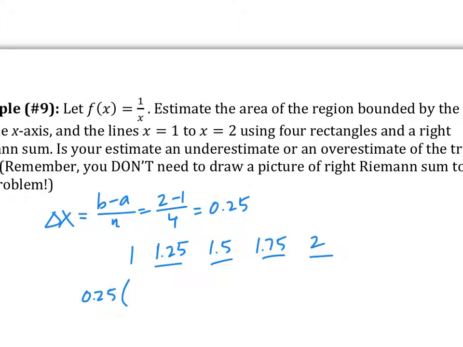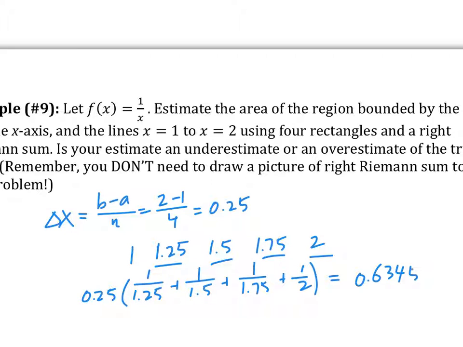Height using the right-hand side of the interval is 1 over 1.25 plus 1 over 1.5 plus 1 over 1.75 plus 1 over 2. And then just add that all together. 0.6345.